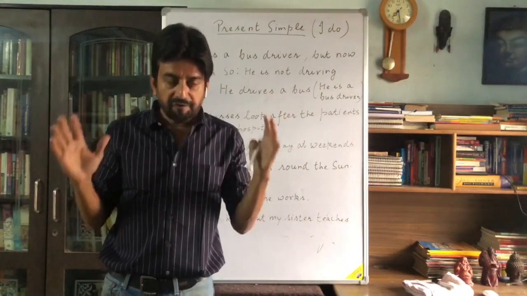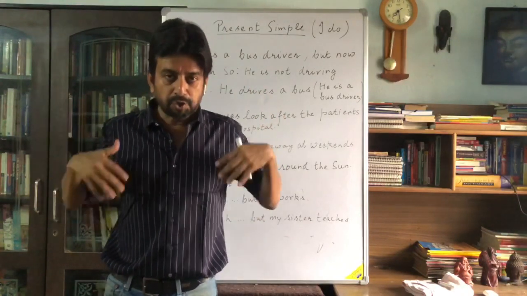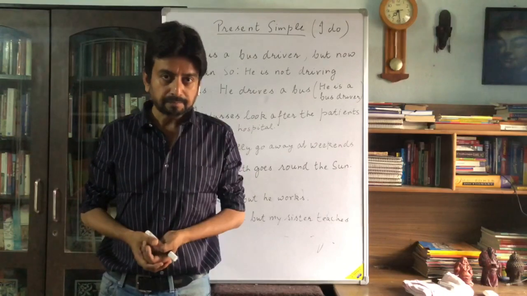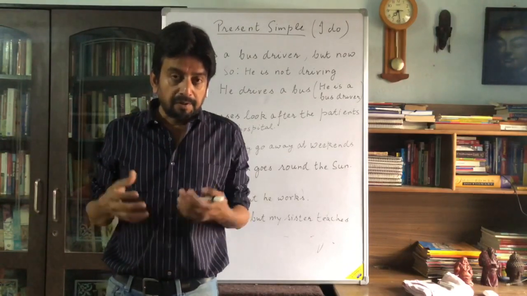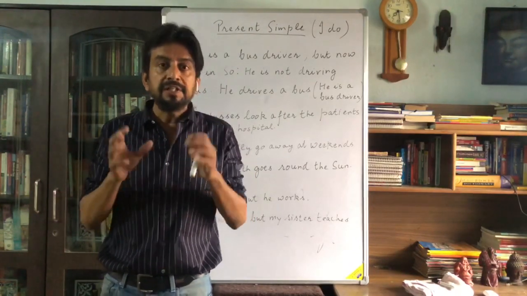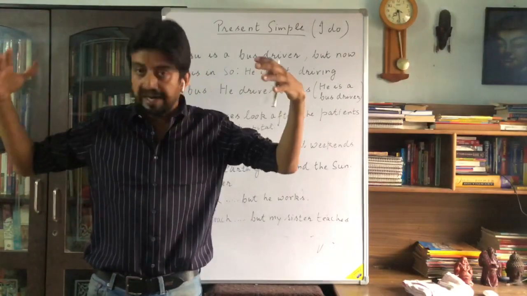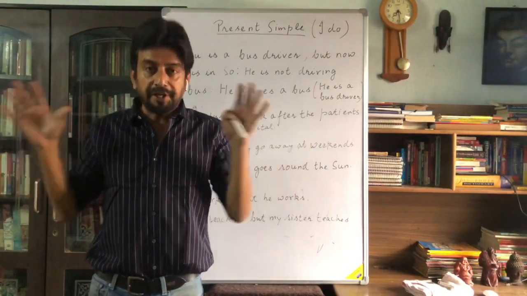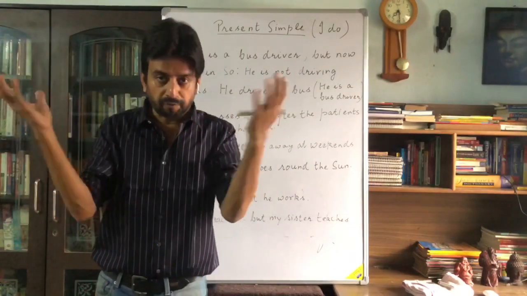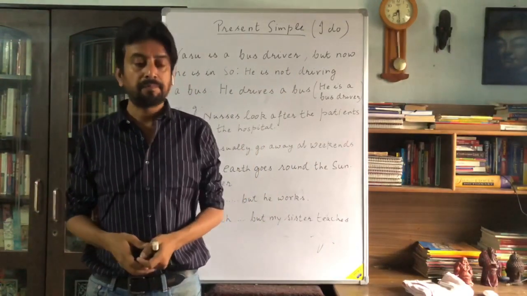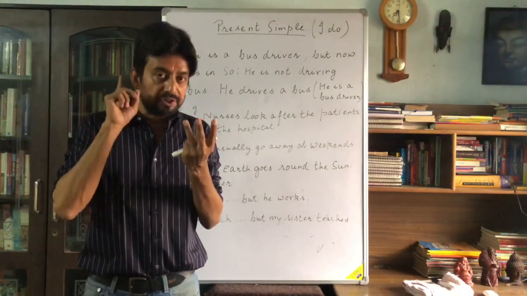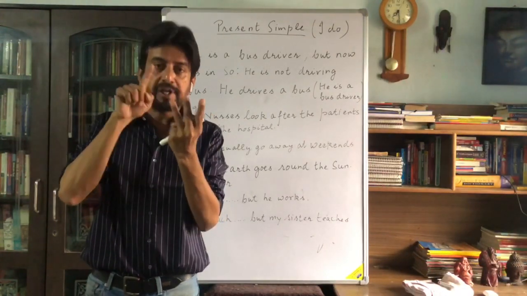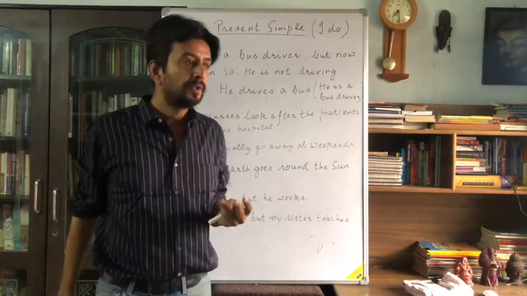So what we did, and what most of the academicians of English did, is divide this entire present moment into what you call present tense, and it includes three forms: simple, continuous, and perfect.